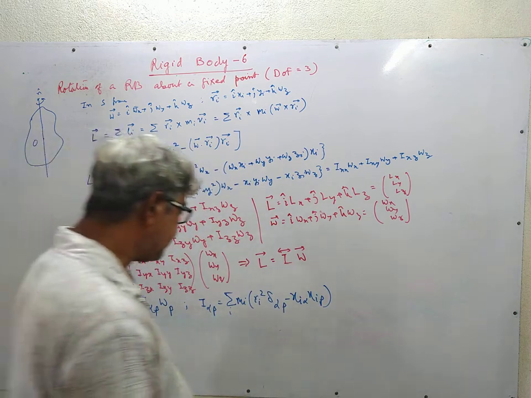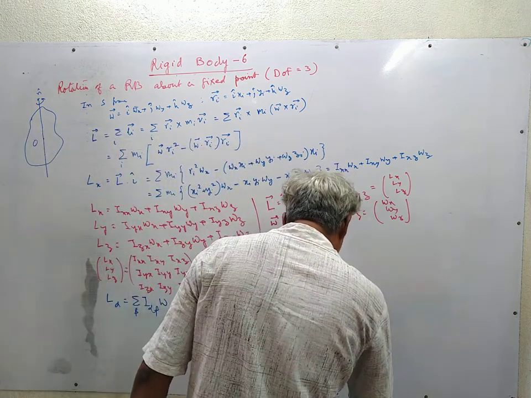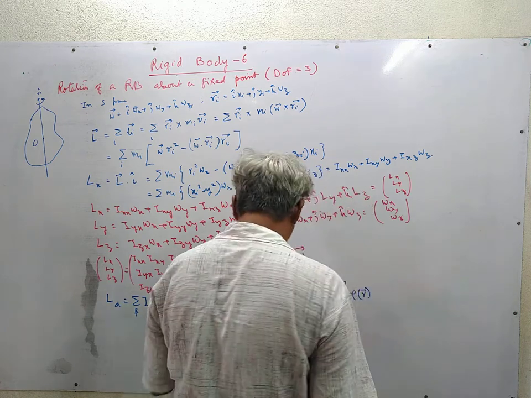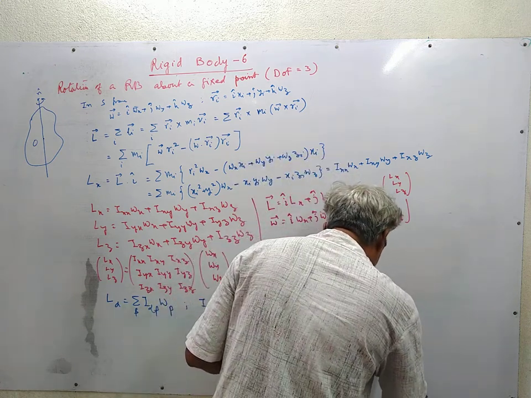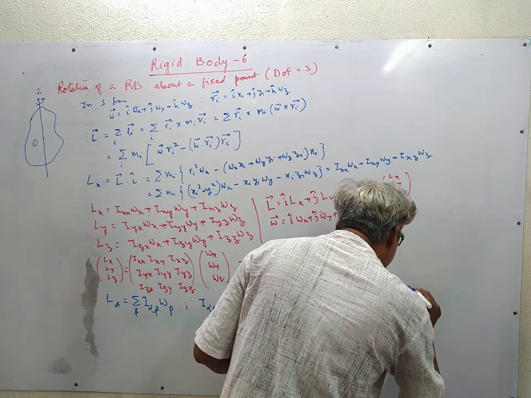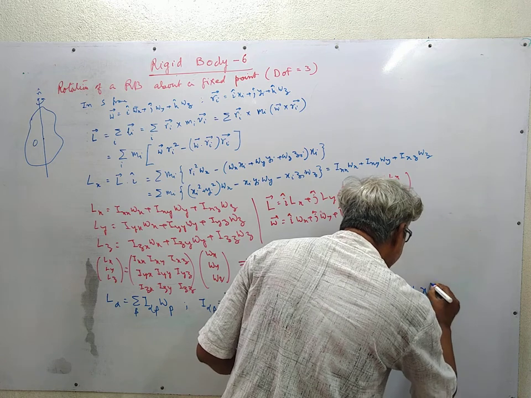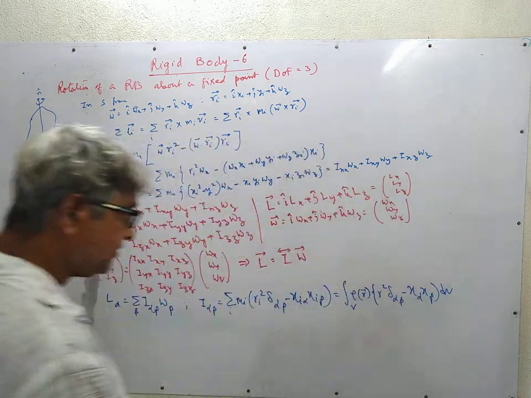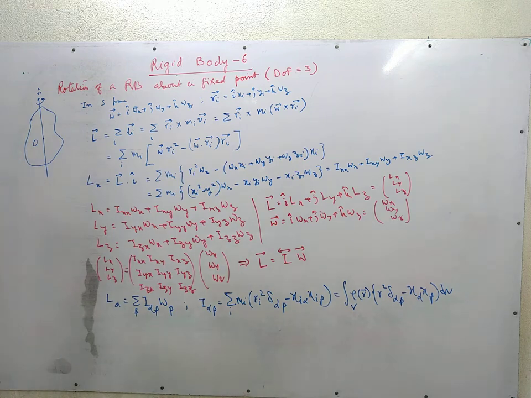And for a continuous distribution of mass, this becomes rho of r times r squared delta alpha beta minus x alpha x beta, integrated over the entire volume over which the rigid body is distributed.